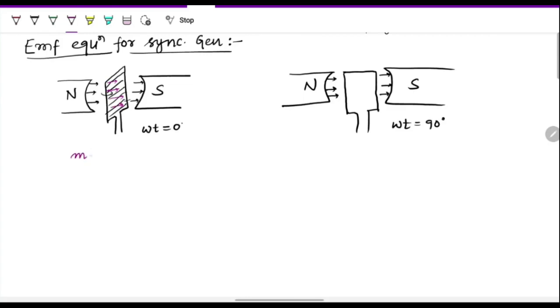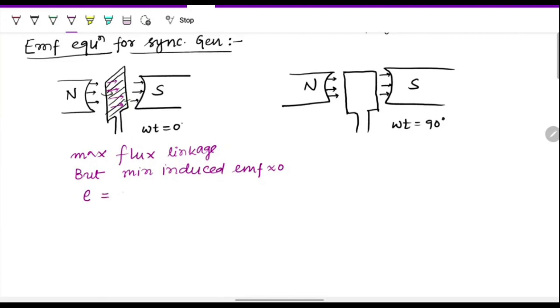So here we will be having maximum flux linkage, but we'll be having minimum induced EMF, which will be equal to 0, because from the equation E equals integral of V cross B dot dl, here the velocity vector and magnetic field vector are in the same direction, so the induced EMF will be equal to 0.